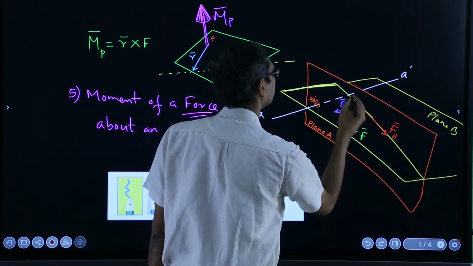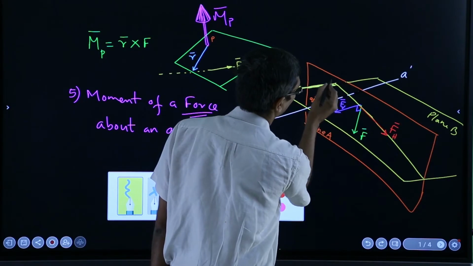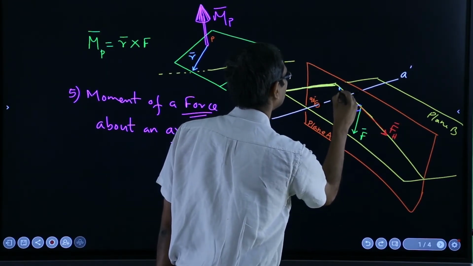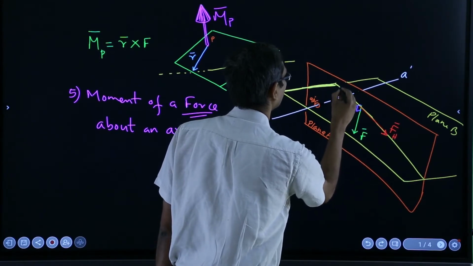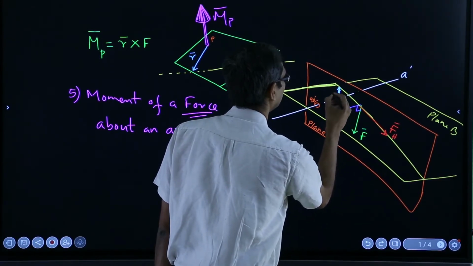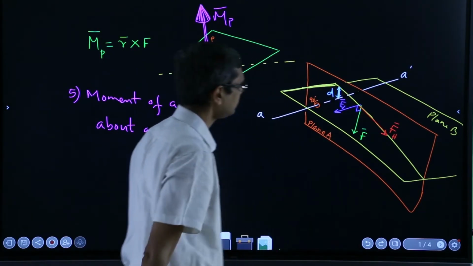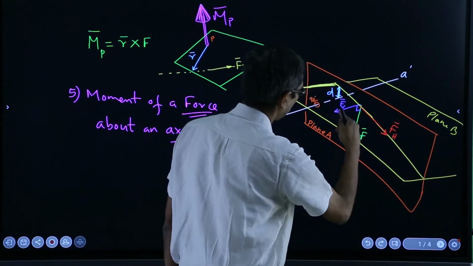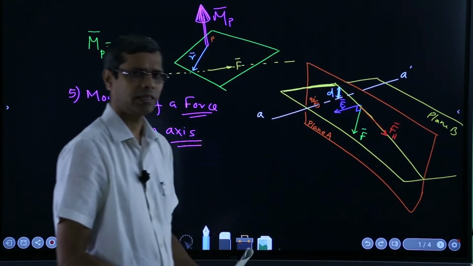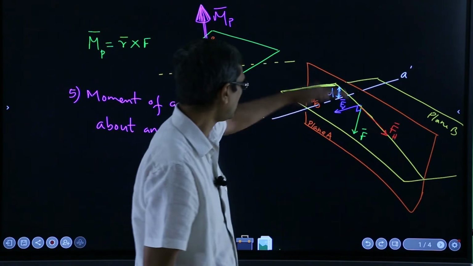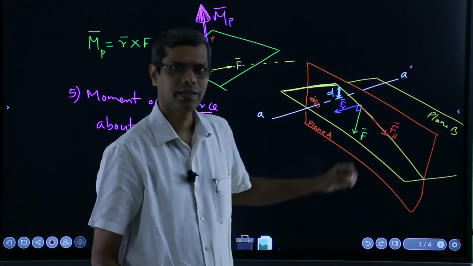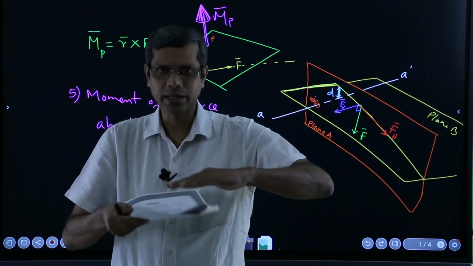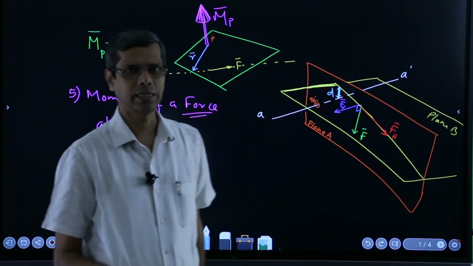If this line is having a perpendicular distance, the shortest distance somewhere, okay, this is the distance D, because this line will pass above or below. In this example, it is passing above the A prime axis, and the distance at the point where they are nearest to each other, let that be D.